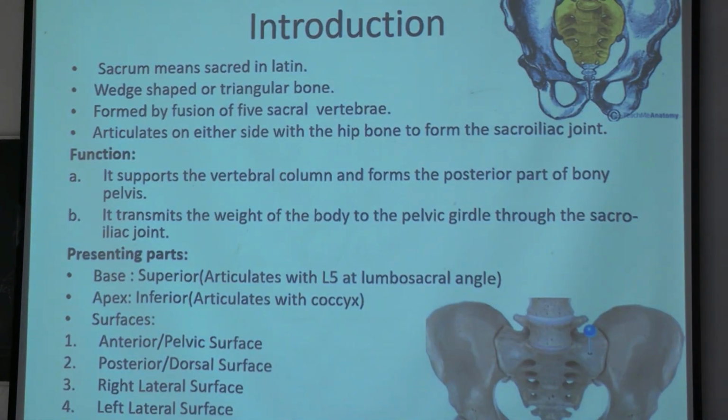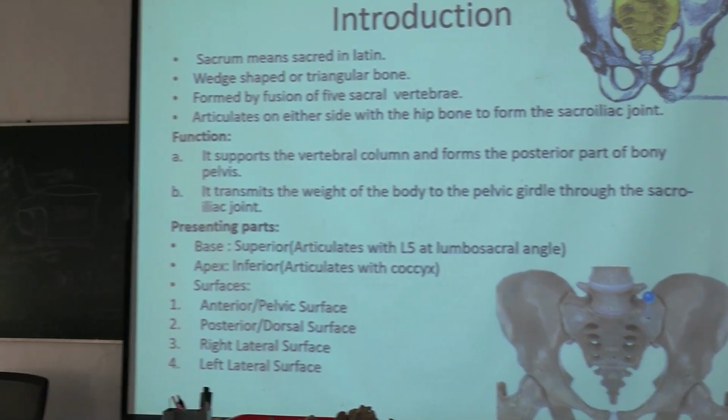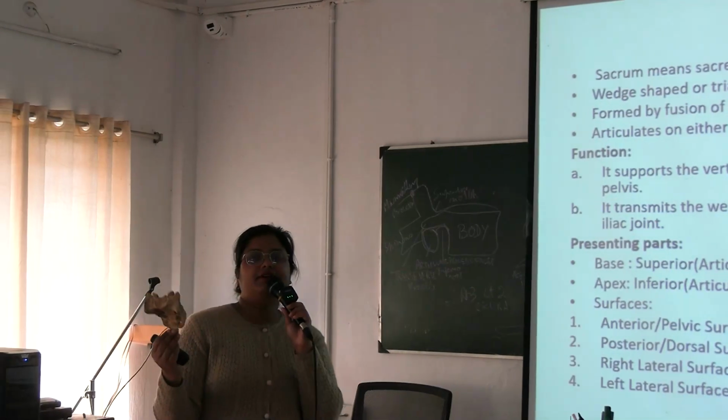Okay, so this yellow colored one forming part of the pelvic cavity, that is the sacrum, a triangular bone. See here, this is the sacrum, formed by fusion of 5 sacral vertebrae.